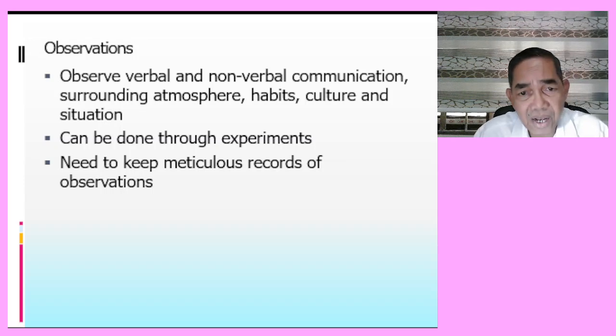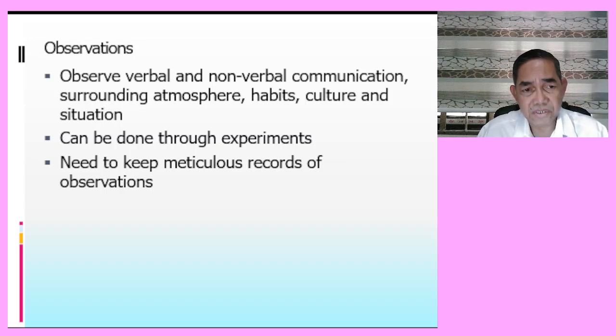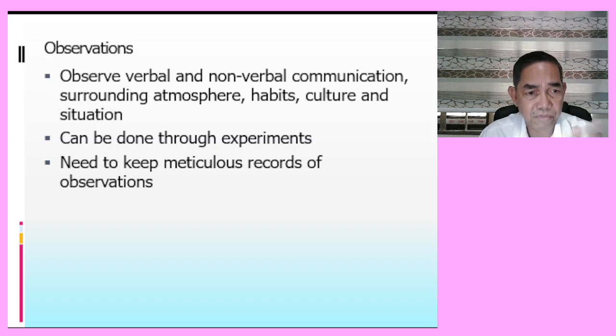And this can be done through experiments. And we need to keep meticulous records of the observation. When we do observation, we need to record the details of what the investigator observes.